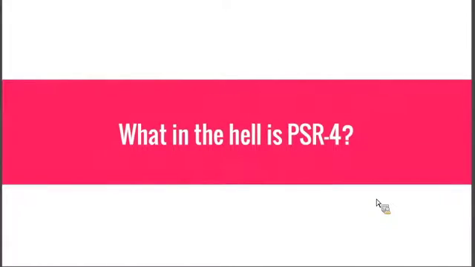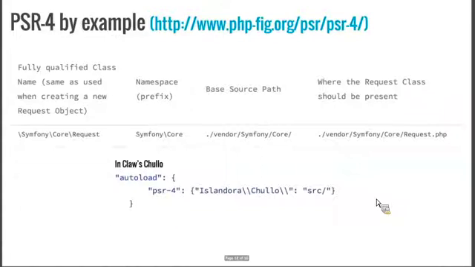So, what in the hell is PSR-4? It's a very ugly name for something very simple. You can read more on the php-fig.org site on that, but basically if we have this class named Symfony Core Request, Request is the class, and that's the namespace. It's the same we use when creating a new request object.